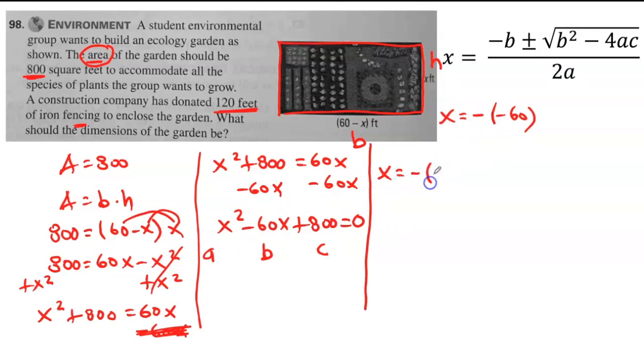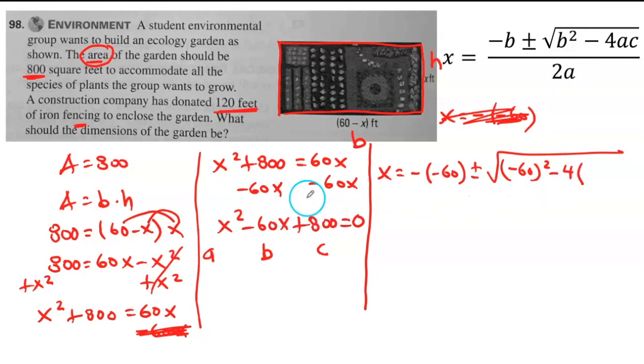Negative b, negative 60, plus or minus the square root of b squared, negative 60 squared, minus 4 times a, which is 1, times c, 800. Everything over 2 times a, which is 1.